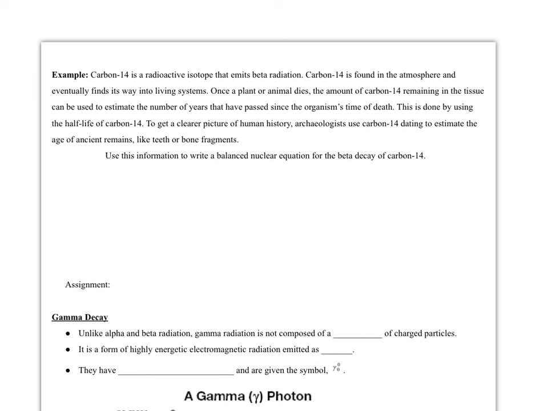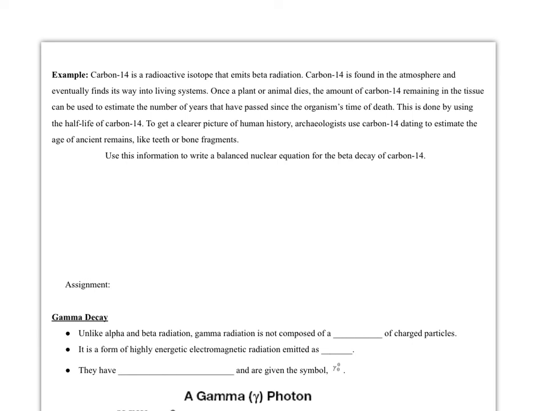So we use this information to write a balanced nuclear equation for the beta decay of carbon-14. I think now that you're a little bit more comfortable with nuclear equations, I would recommend pausing this video and writing the nuclear equation for this. So pause your video now and give it a try on your own.